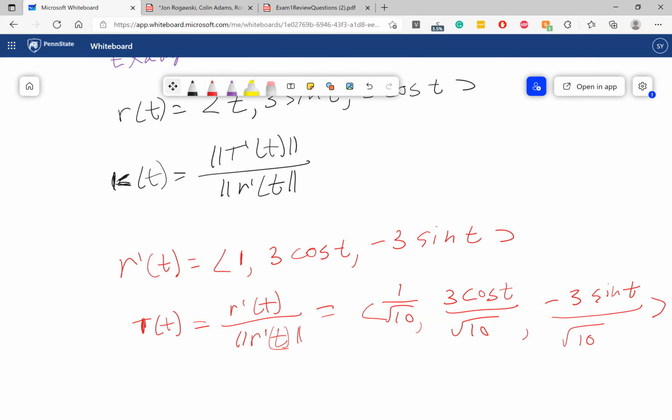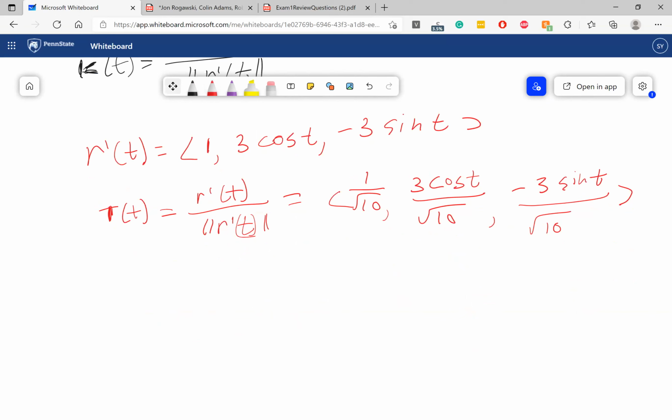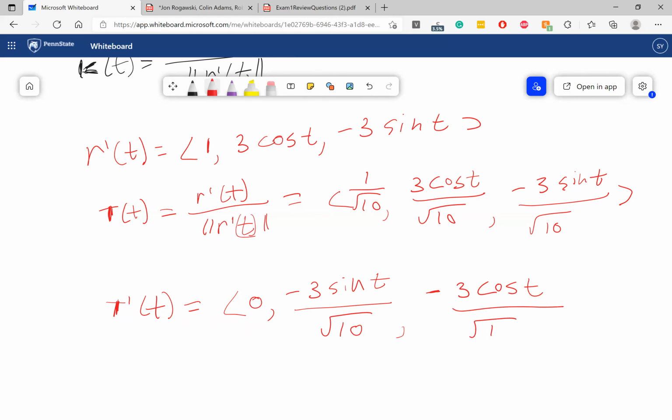And then in order to find T prime of t, we just take the derivative again. So it's going to be 0, -3 sine of t over the square root of 10, and -3 cosine of t over the square root of 10.